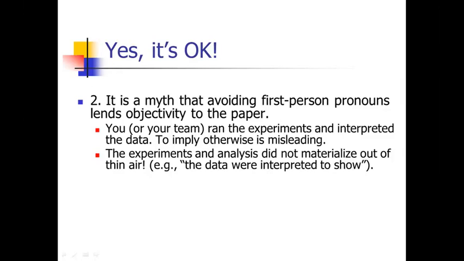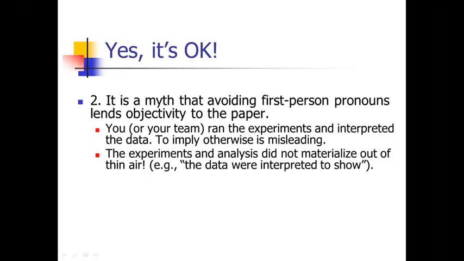It doesn't make the manuscript more objective if you pretend that you weren't involved in the experiments and the interpretation of the data, because of course you or your team ran those experiments and interpreted that data. Putting it in the passive voice, the data were interpreted to show, makes it sound as if those experiments and that interpretation just came from up high, and obviously that's not what happened.